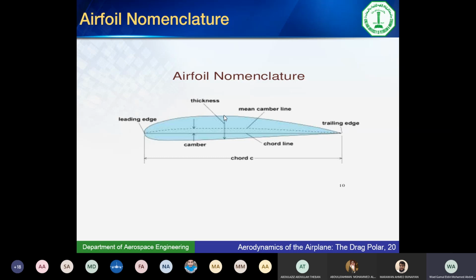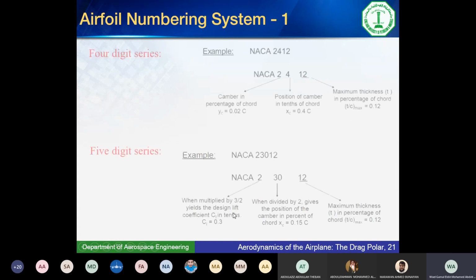We have also the maximum thickness here, and the camber, the maximum distance between the center line and the chord. Also important is where that camber occurs. If the camber has a small value, increases, then decreases, where does its maximum value occur? Does it occur at the very front of the airfoil, in the middle, or in the back? This will change the shape of the airfoil and of course the aerodynamic characteristics. So let's see these values for different families of airfoil.